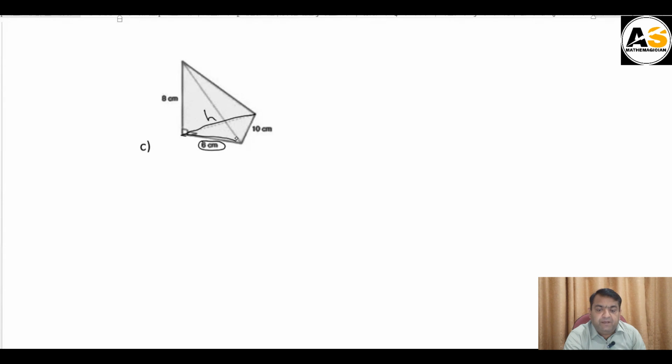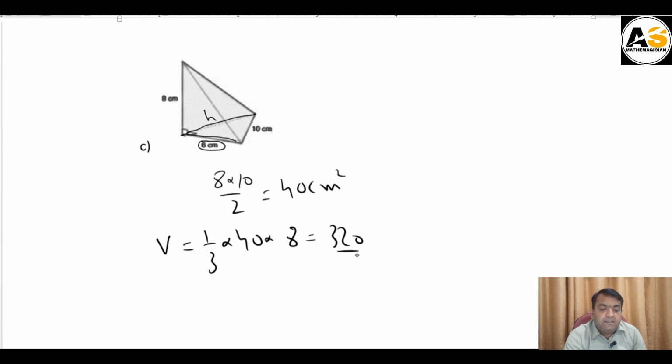Area of this triangle will be 8 into 10 over 2, 40 centimeter square. This is the base area and its height is 8. So volume will be 1 by 3 into base area into 8. 320 over 3 centimeter cube.